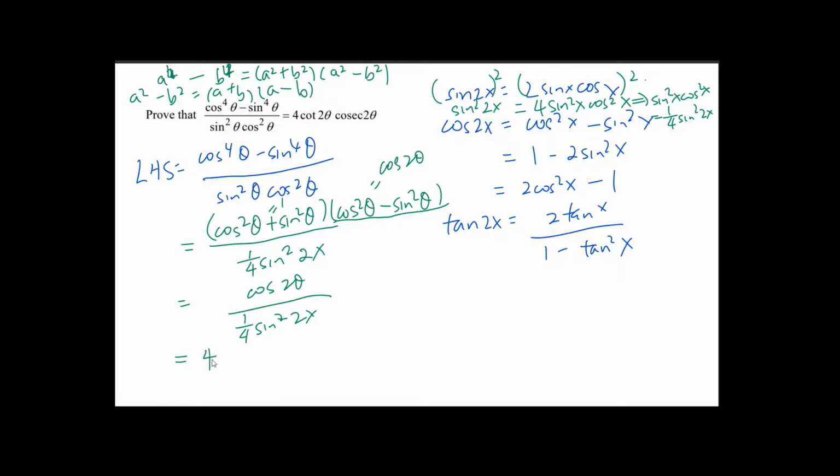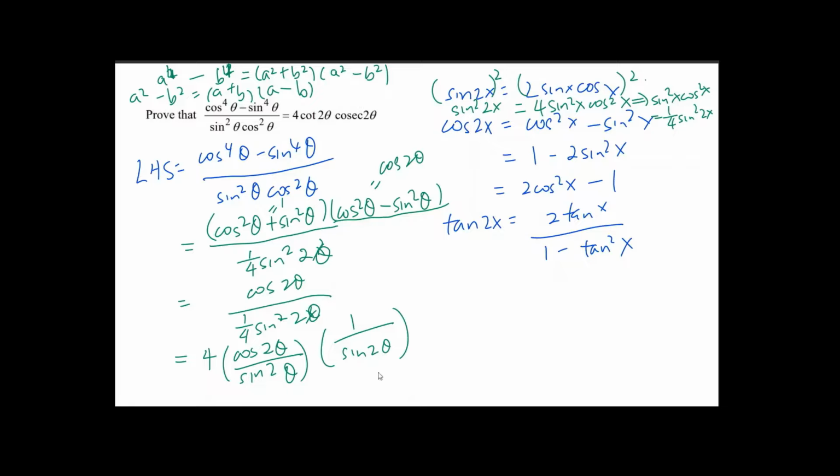It will equal 4 times cosine 2 theta over sine 2 theta, and I still have 1 over sine 2 theta. Sorry, this is theta, not x. So basically what I did is I changed sine squared 2 theta to sine 2 theta times sine 2 theta. I split it up into 2 like this, and I combine one of them with the cosine 2 theta and the other one with 1.